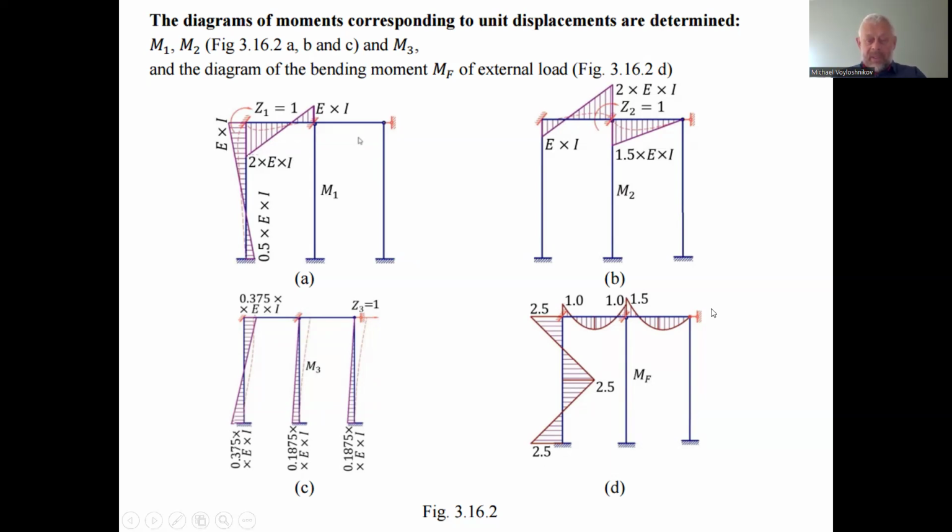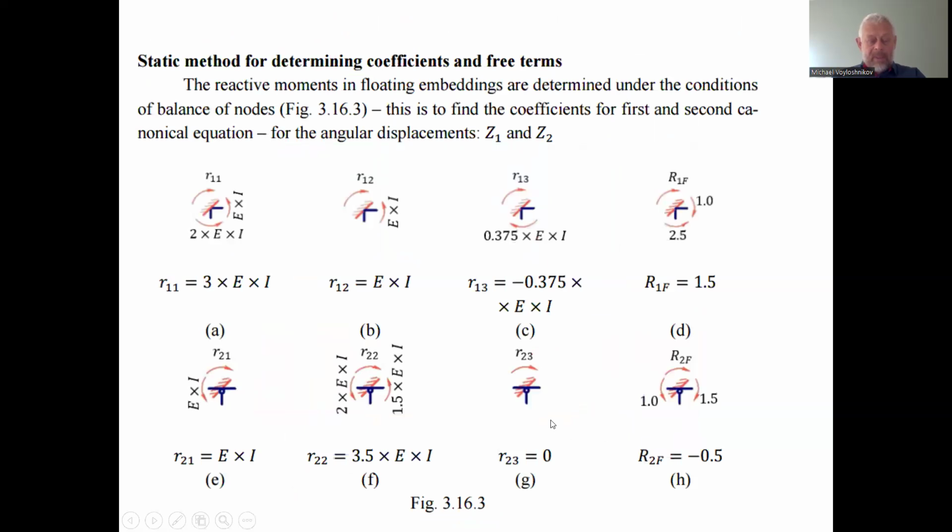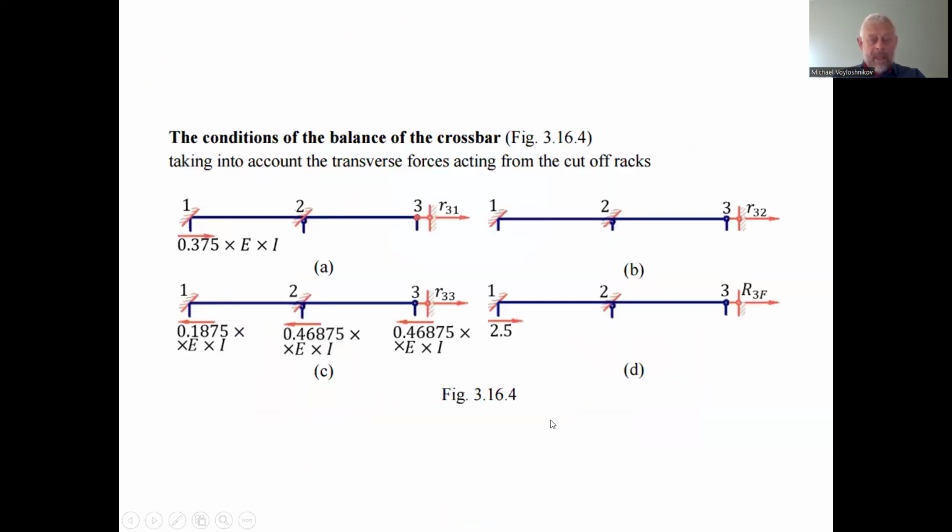Adopted indefinite one decision. Okay, a little bit difficult could be the finding of the factors for the third canonical equation of the displacement method, and consider it as shown.